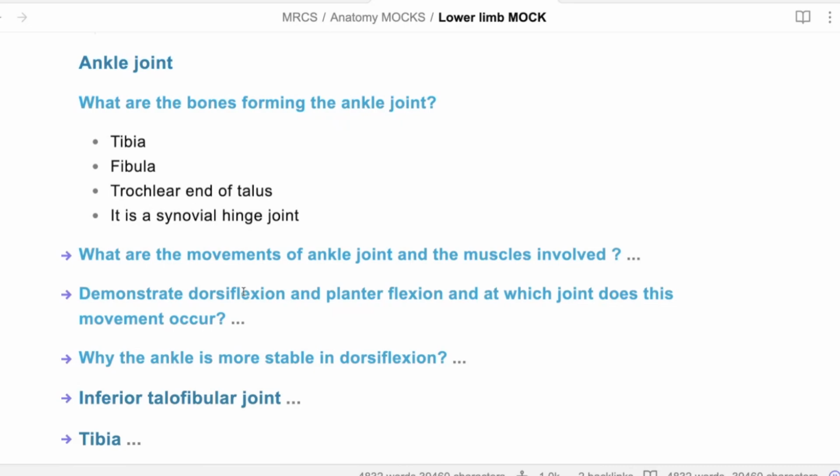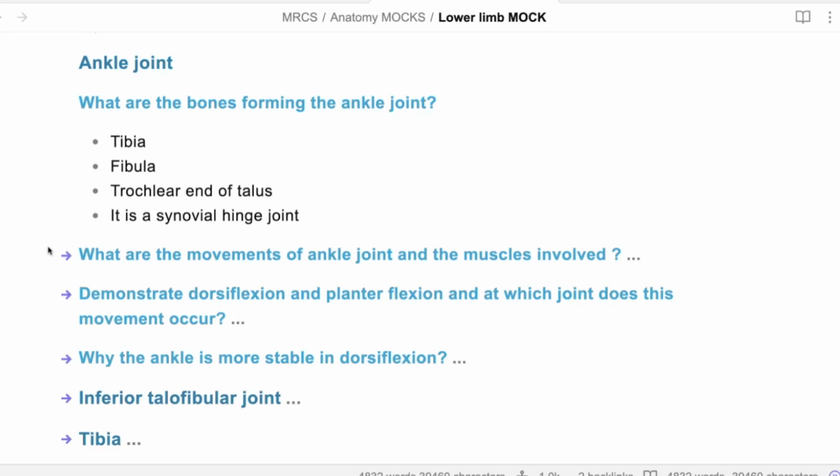Sir, I have already explained the ankle joint is involved in the movements of dorsiflexion and plantar flexion of the foot. Sir, the dorsiflexion is done by the anterior side muscles, and that are tibialis anterior, extensor hallucis longus, extensor digitorum longus, and peroneus tertius.